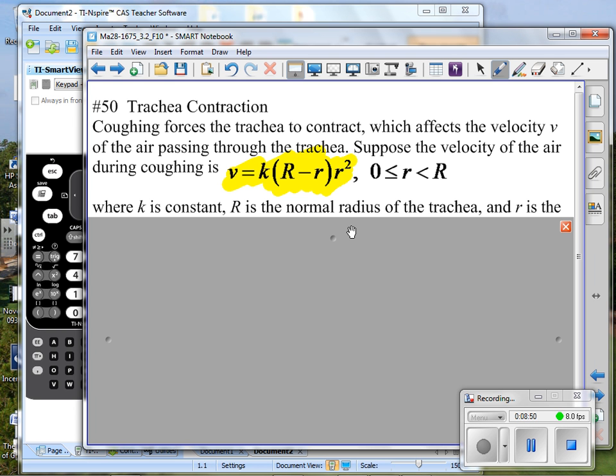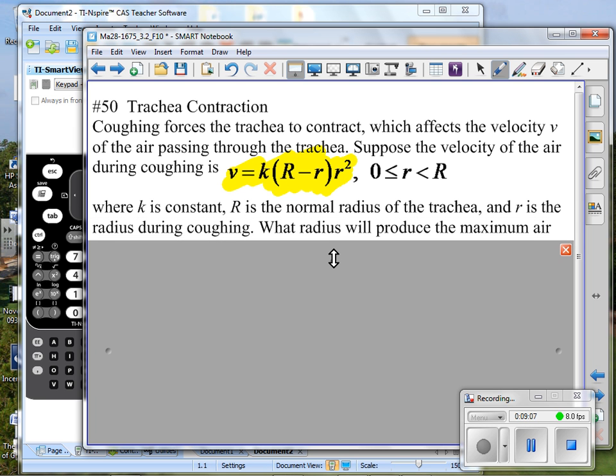No, not during coughing. Normal, non-coughing times. Is your trachea changing? No. So is capital R a constant or a variable? It's a constant, okay, because it's the normal, the non-coughing one. And small case r is the radius during coughing. That's the one that's a variable.